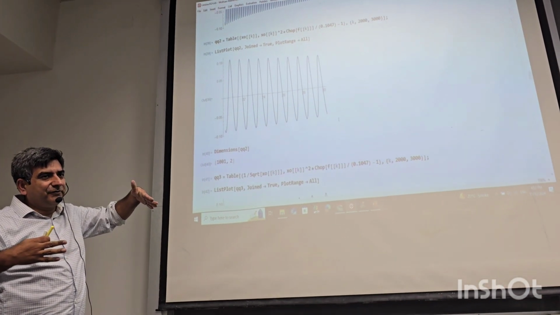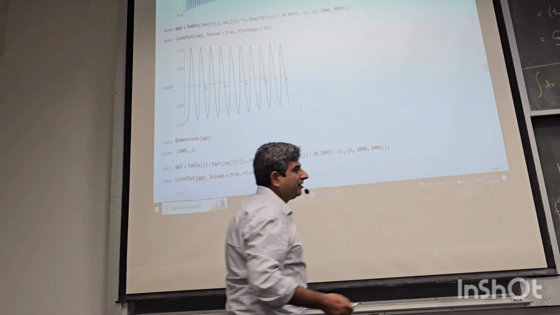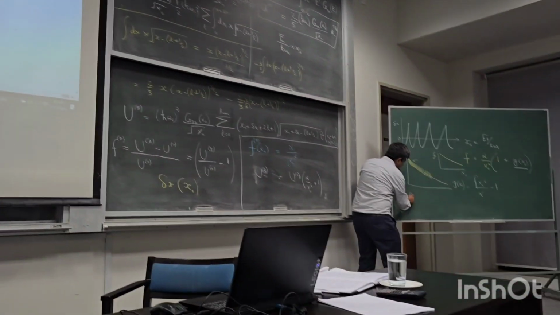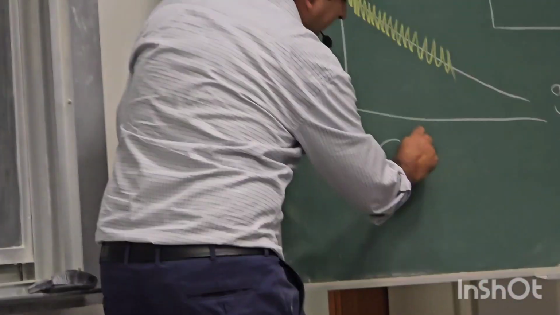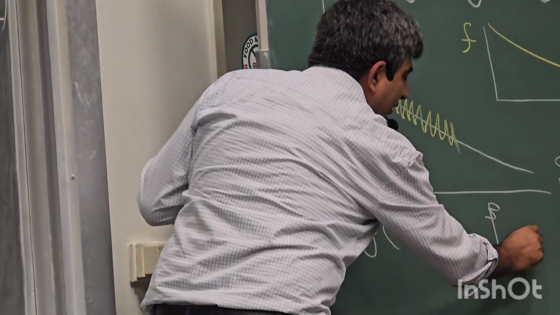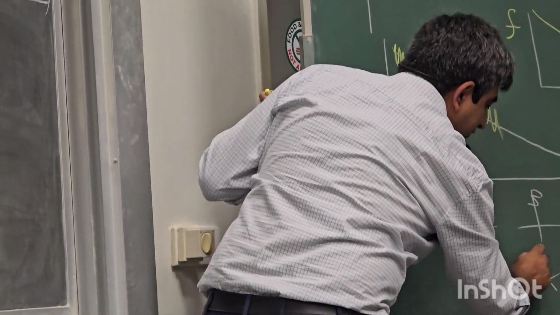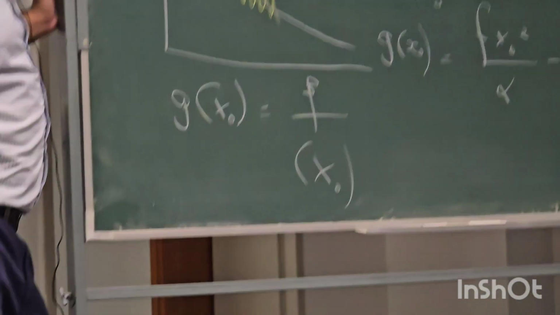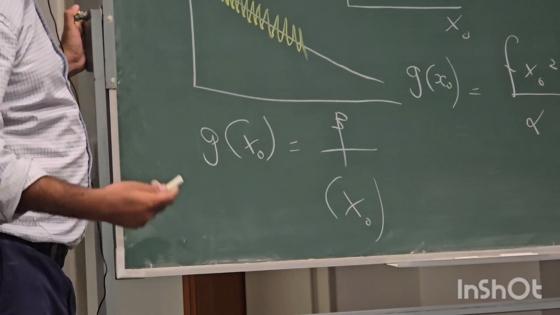So g(x naught) itself, I say, is some beta over x naught raised to some power here. Could be 1, could be 2, could be half.